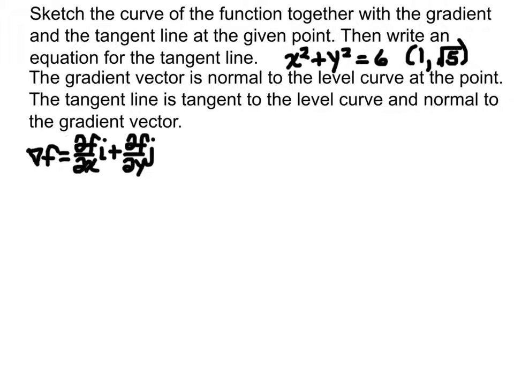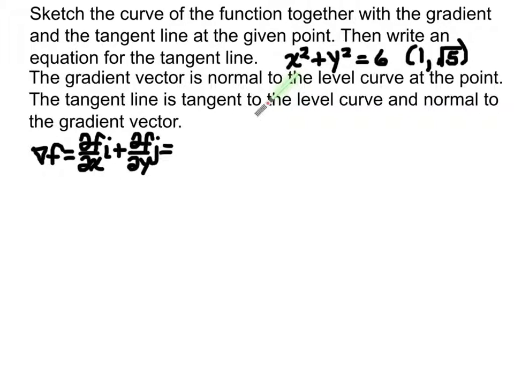So this is equal to, we need to find the partial derivative of f with respect to x, and that's going to be 2x in the i direction, plus the partial derivative of f with respect to y, which is 2y, and that's in the j direction.